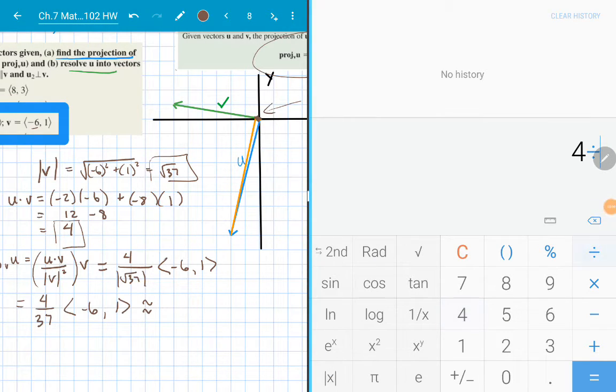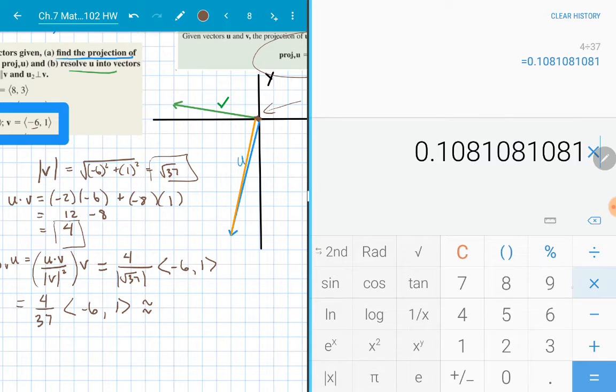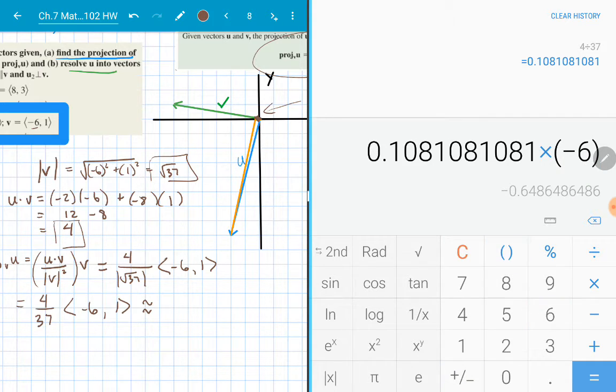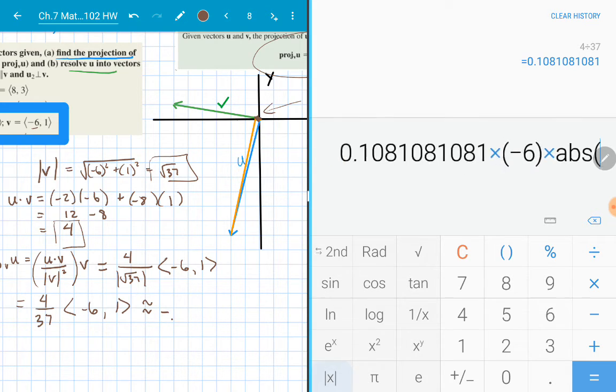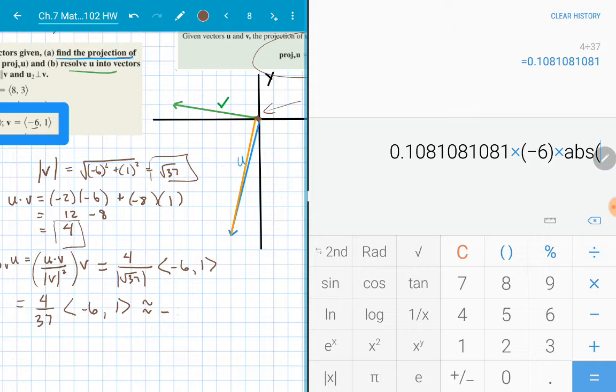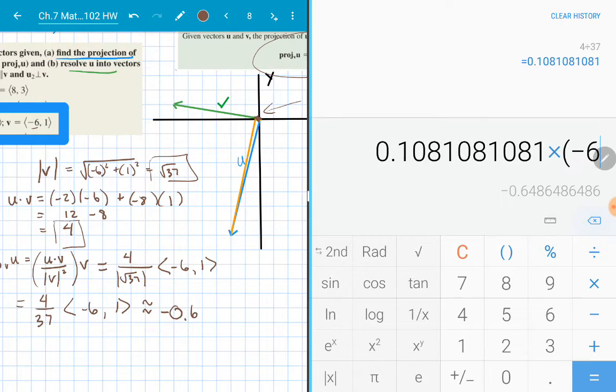Let's do 4 divided by 37. Get that quotient as a decimal, and then multiply that to distribute times -6. And I get -0.6.